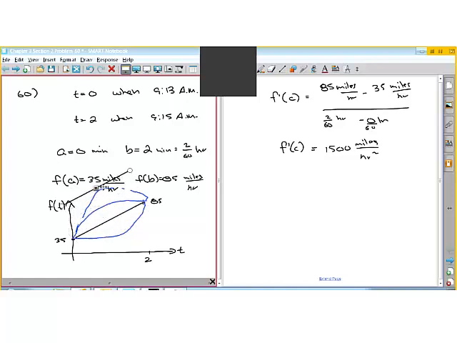You can say no matter how the car accelerates, if it accelerates slowly and then does most of the acceleration at the end, or it accelerates faster at the beginning and then slows down, or it actually even goes faster than 85 miles per hour and comes down. Each one of these has a point in the interval from 0 to 2 seconds where the slope is exactly equal to the average slope between the beginning and the end. So it's again using the mean value theorem to prove this is true.